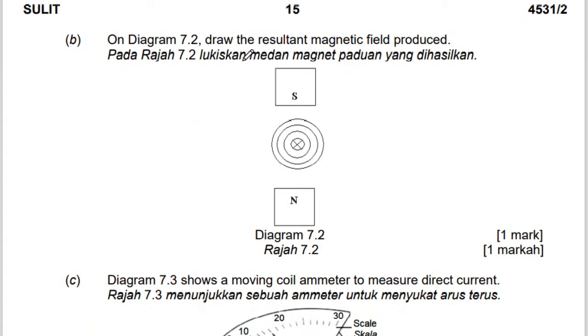Okay, so on diagram 7.2, draw the resultant magnetic field produced. Resultant magnetic field produced. It means that the catapult field. Okay, but they already draw this home. Now, apa perlu tambah?